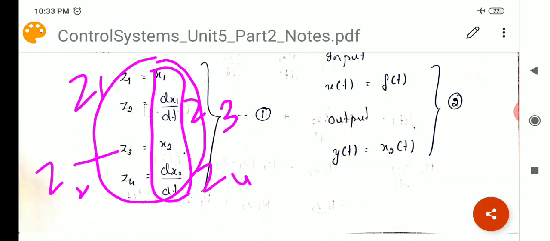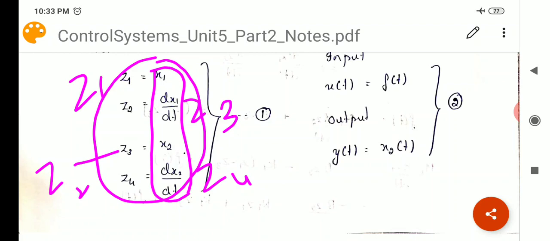In the previous video I had told you that state variables need not be unique. It depends on whoever is the engineer working on it. So I am choosing these as the state variables. There may be other sets of state variables also, but what I am suggesting is the easiest way to understand and construct the state model in a faster way.